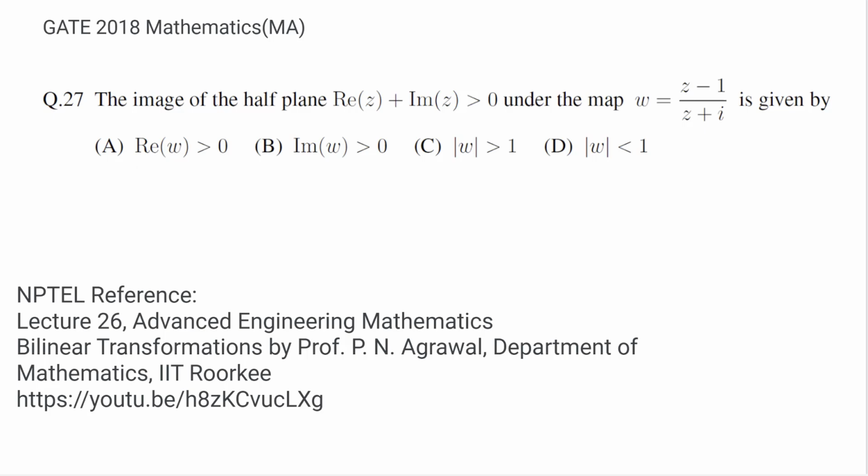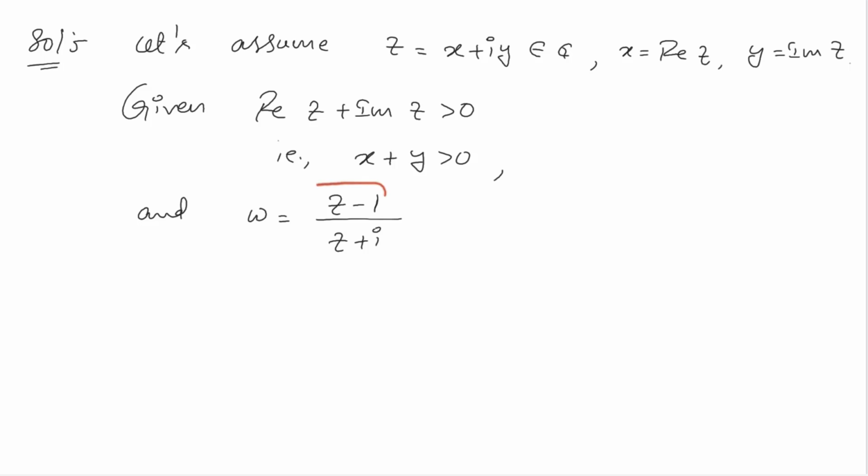For this, we have to calculate the real part of w, that is nothing but the real part of this function in terms of x and y, since the only condition we have is x plus y greater than 0, that is in terms of x and y. So we have to calculate the real part of this function w in terms of x and y. Then we can see whether the option is correct or not.